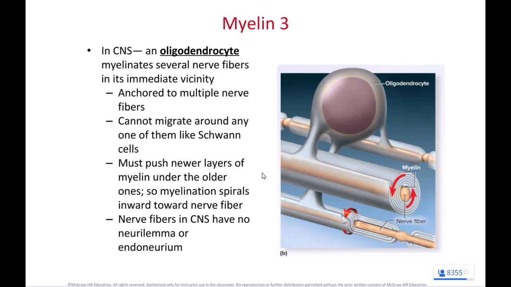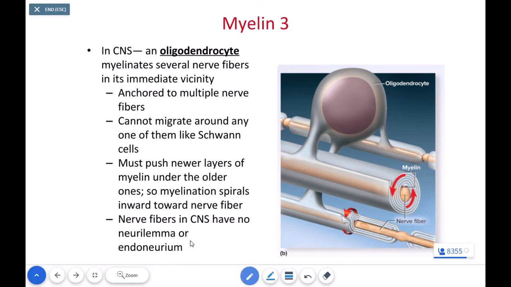Now, when we look at nerve fibers within the central nervous system, they're sometimes called tracts, instead of nerves in the peripheral nervous system. We don't have the neurolemma because we aren't going to have all of the cytoplasm, the nucleus and the organelles on that outermost layer.